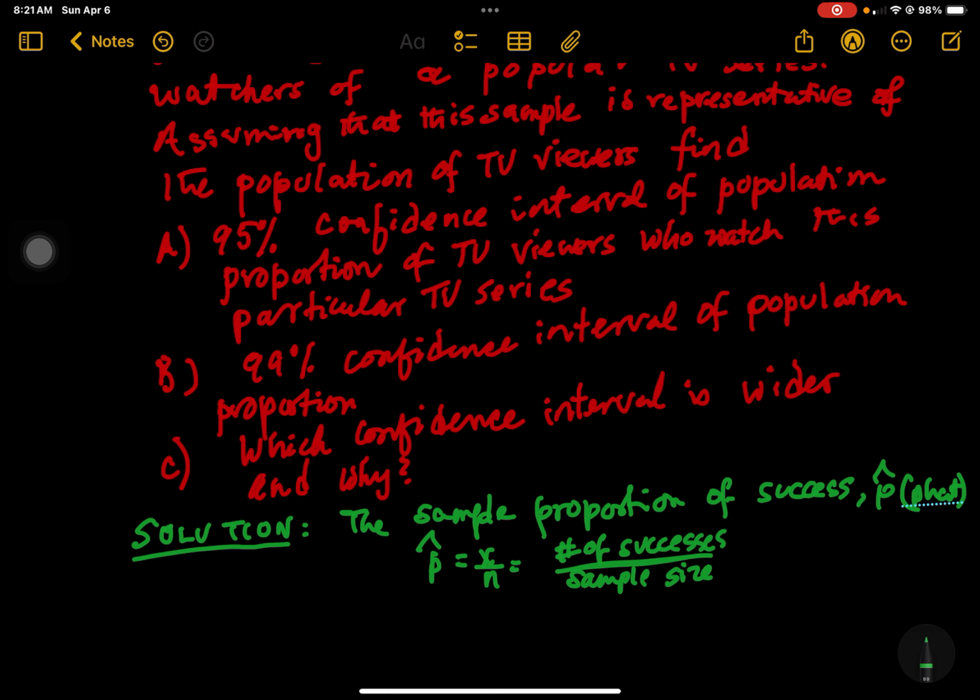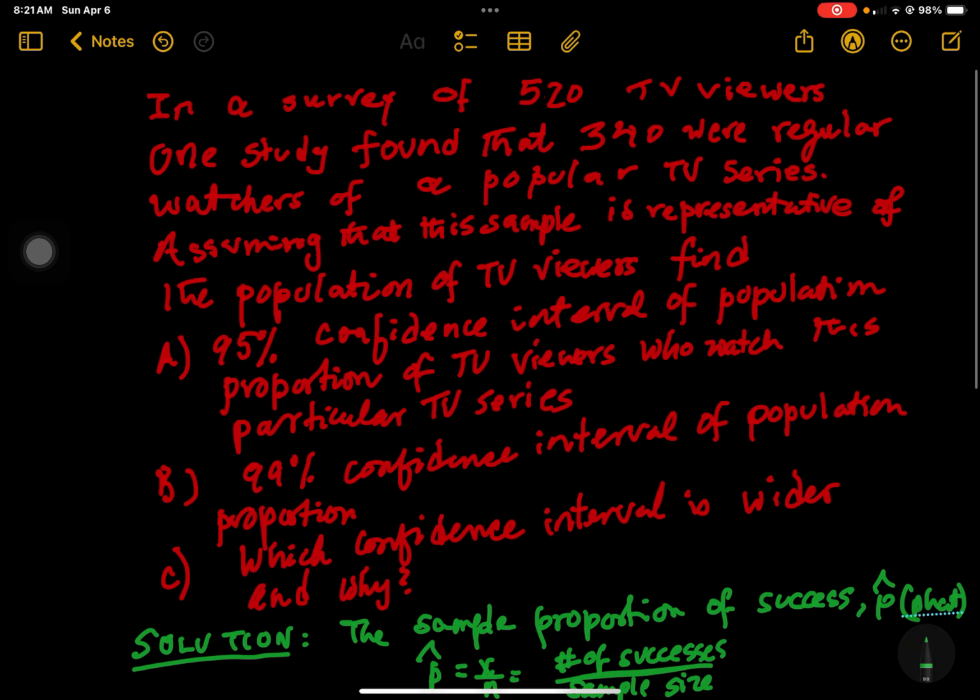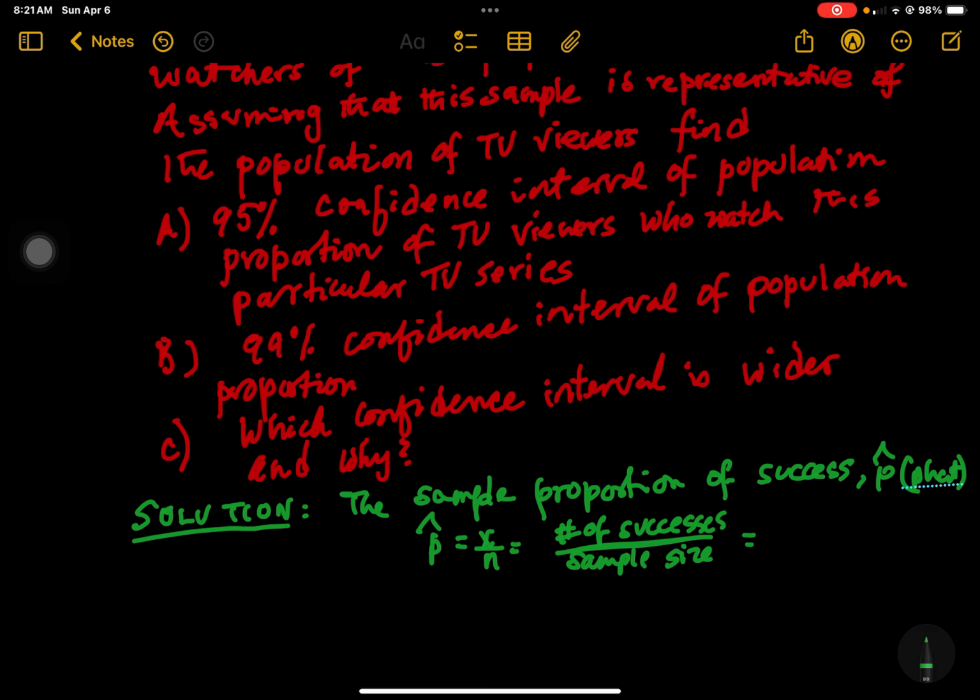So in this case, out of 520, 340 were watching that particular TV series. Watching that series is success, as I said. So it's a small number divided by large number, 340 divided by 520, and that is equal to 0.654, you might say, rounded to 3 places of decimal.